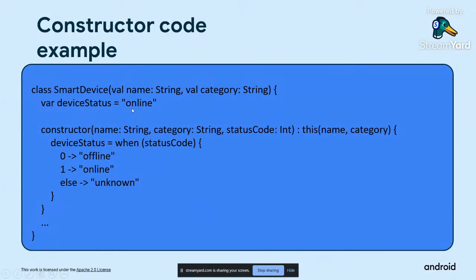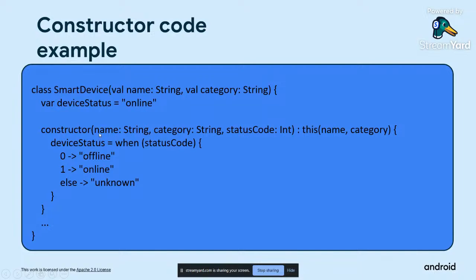Here we can see an example of the primary constructor and secondary constructor which we learned previously. Here we have a class named smart device, and we have parameters like name, category. Then we have created a property device status, where online is passed.